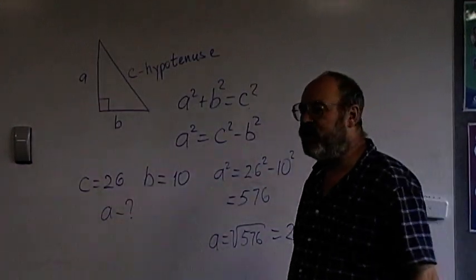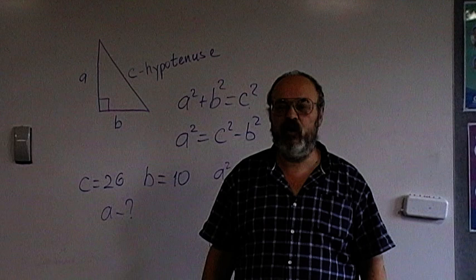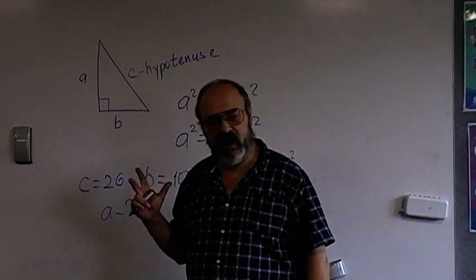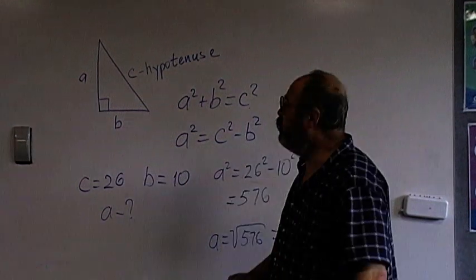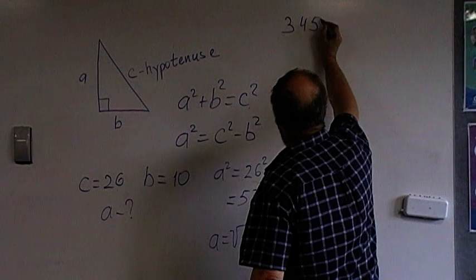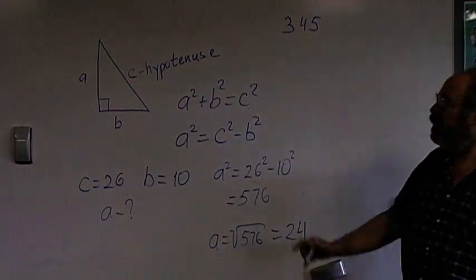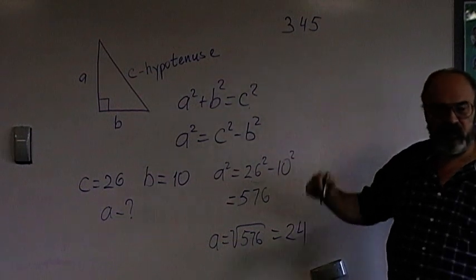Because there is such a thing called Pythagorean triples. Pythagorean triples are three numbers which satisfy the Pythagorean theorem. For example, the numbers 3, 4, and 5 are a Pythagorean triple. That means 3 squared plus 4 squared equals 5 squared.